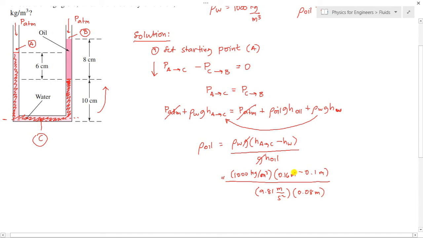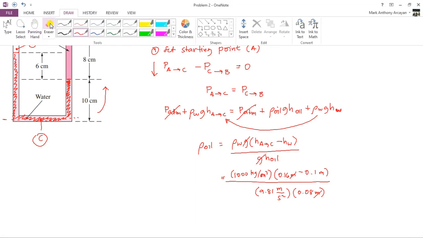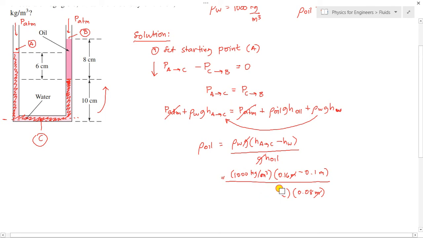So the meters on top cancel. Sorry, there is also no g because it was canceled already, so no g here. The meters on top cancel. Our final unit is kilogram per cubic meter, which is okay because density is in those terms.